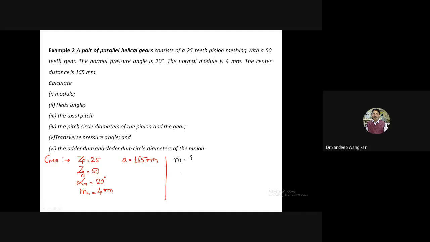Then second, the helix angle, very important. Then the axial pitch PA. Pitch circle diameter of pinion and gear, DP and DG. The transverse pressure angle. Addendum and dedendum circle diameters for pinion.